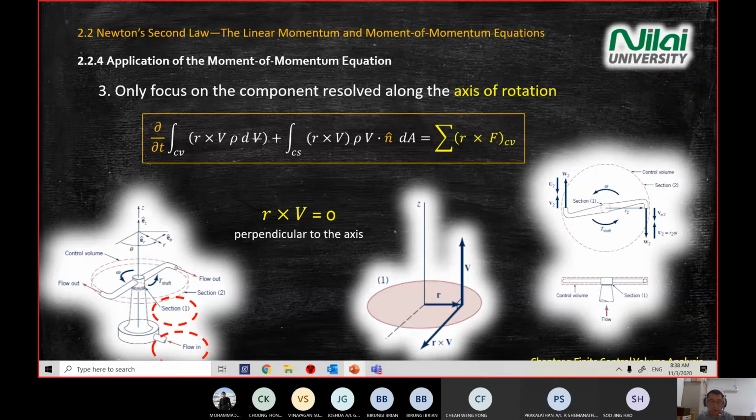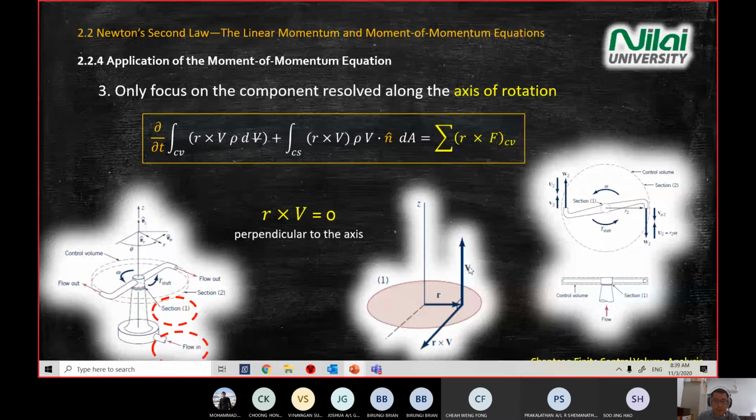Now we look at velocity. So when your distance r and velocity vector is 90 degree, the cross product, you take the v cross r, you get 0.